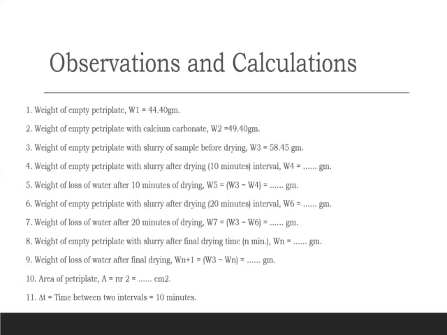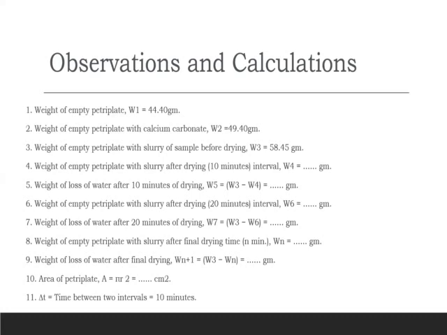Next is the weight of the Petri plate with slurry after final drying in n minutes, when there is no change in the weight, which will be Wn. And the weight loss of water after final drying, Wn plus 1, is equal to W3 minus Wn.